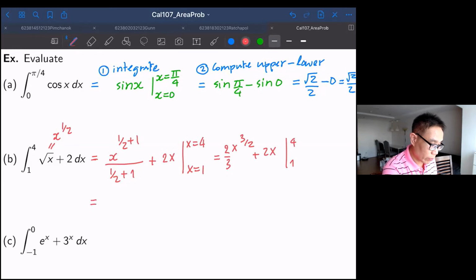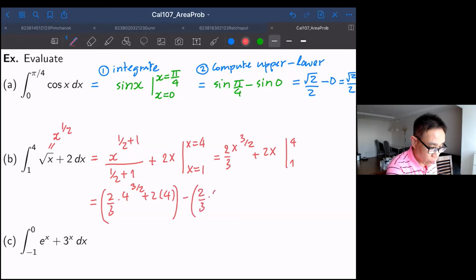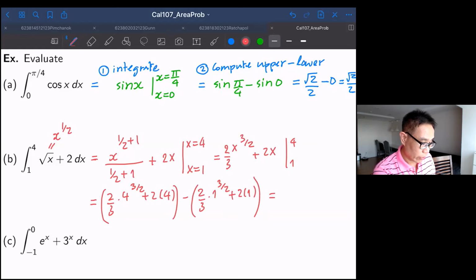So this will be 2/3 first, times 4 to the 3/2, plus 2 times 4, minus 2/3 times 1 to the 3/2, plus 2 times 1. So 4 to the 3/2 is 4, 8.